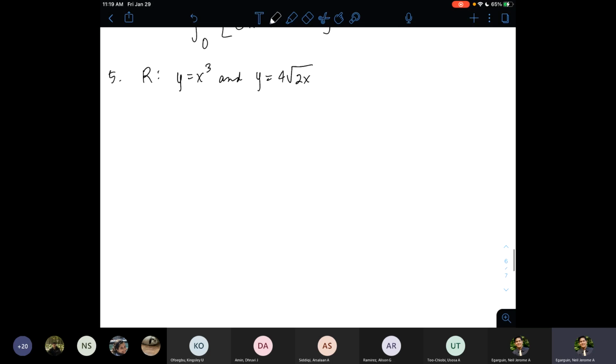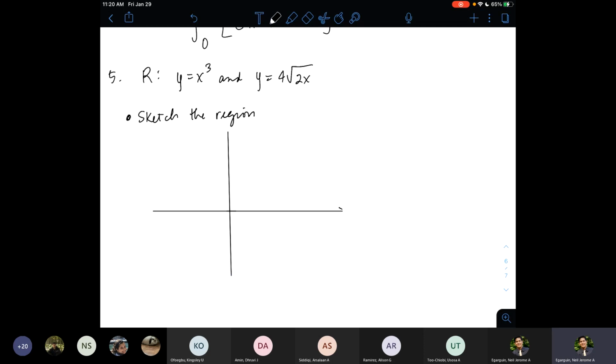Okay. Now, again, first step is to sketch a graph. So we sketch the region by sketching both graphs and then see if we can deduce some information from it.